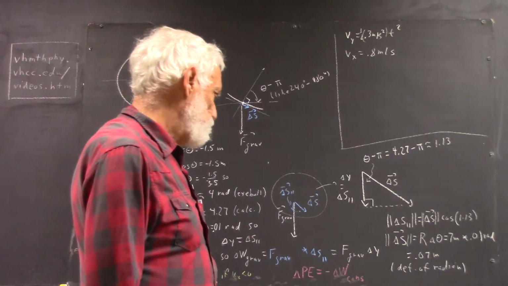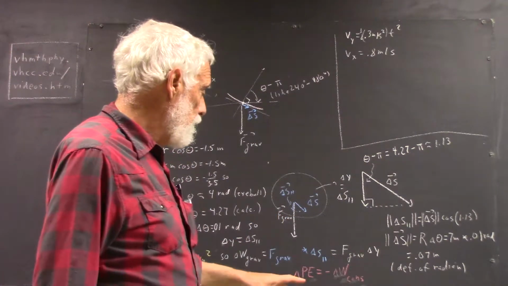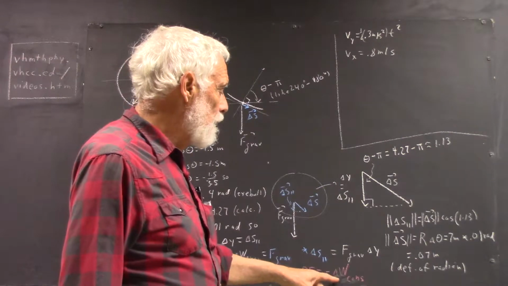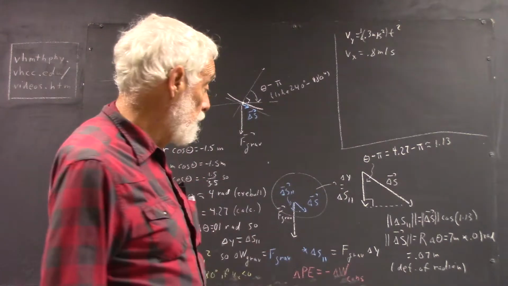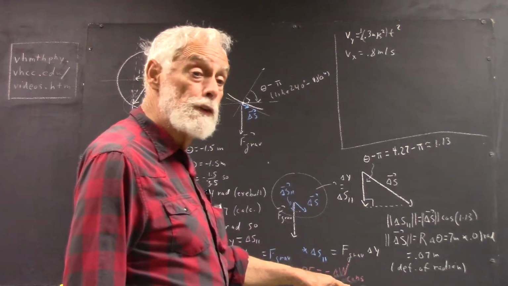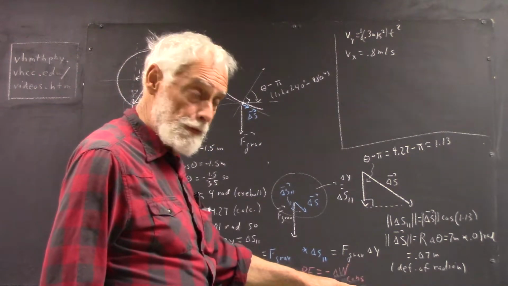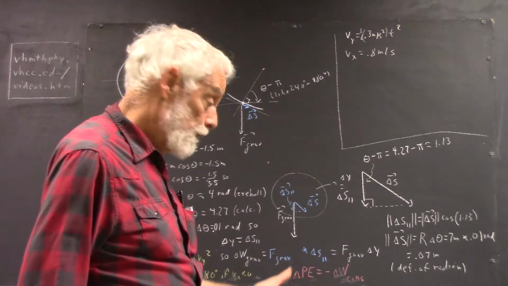Now, we digress a little to the idea that the change in potential energy is equal and opposite to the work done by the conservative force, and I'll talk about that a little bit, but I'll just say gravity is your conservative force here. So we want the work done by gravity, and then our change in potential energy will be equal and opposite to that.